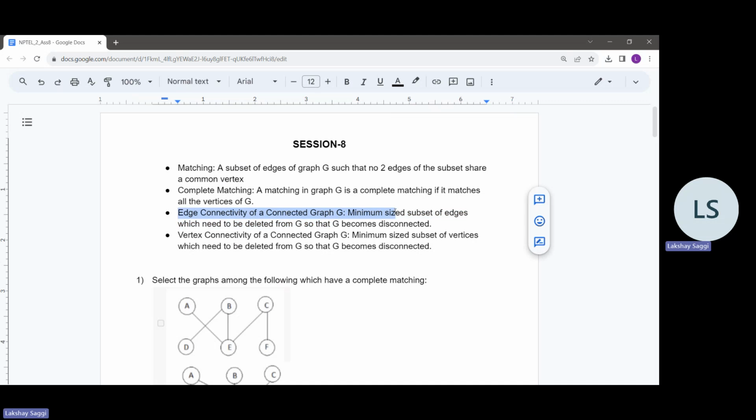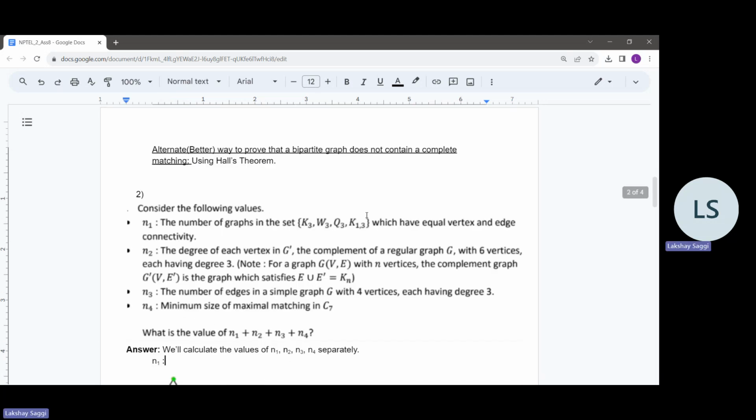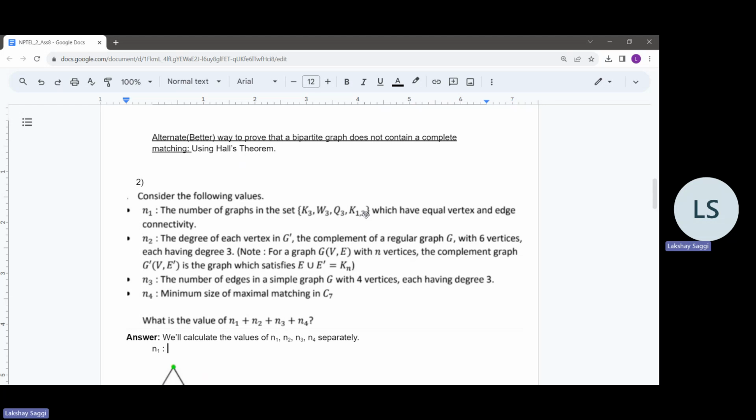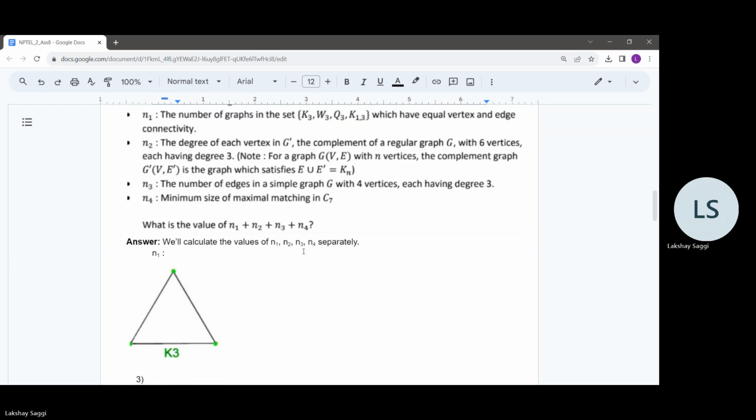Edge connectivity is the minimum size subset of edges which need to be deleted from G so that the remaining part of G becomes disconnected. Maybe I should just stay with this definition. I don't think there's any issue with this. So we should keep this definition as it is.